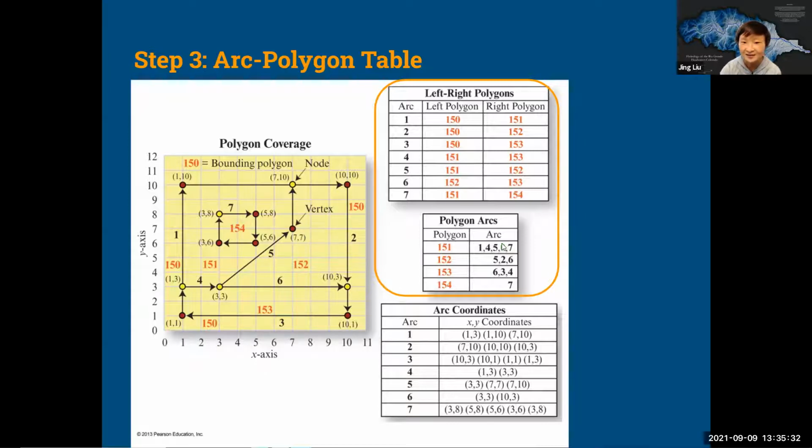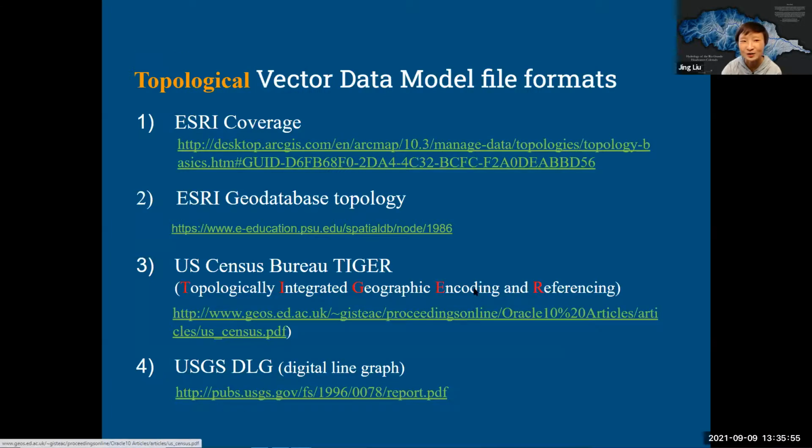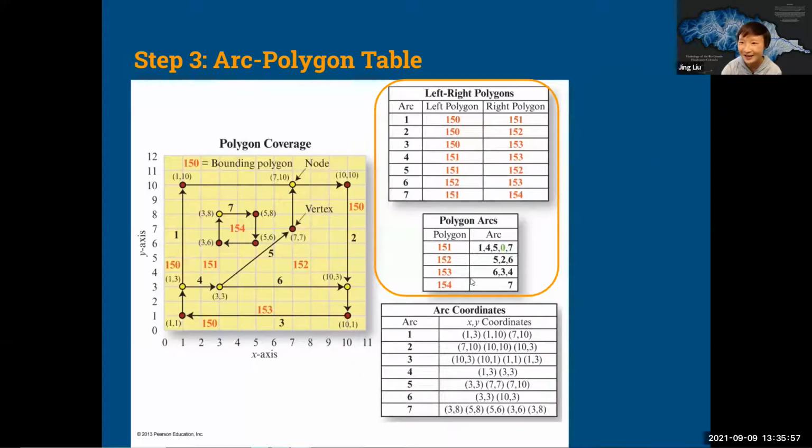Okay, then in this case, we put 0 as a special identifier. It means starting from here, after 0, I'm going to encode any arc inside this polygon. So you can see 7 is inside. It's like a donut, right? Okay, so this is how you encode your spatial topology relationship.